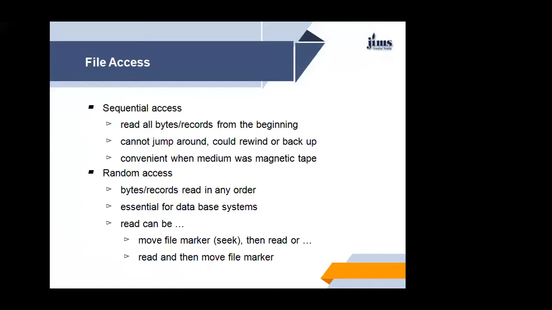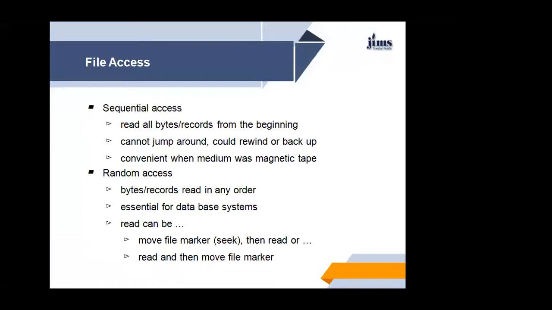It is convenient when the medium was magnetic tape. The bulk of the operation on a file is reads and writes. A read operation reads the next portion of the file and simultaneously advances a file pointer, which tracks the input/output location.